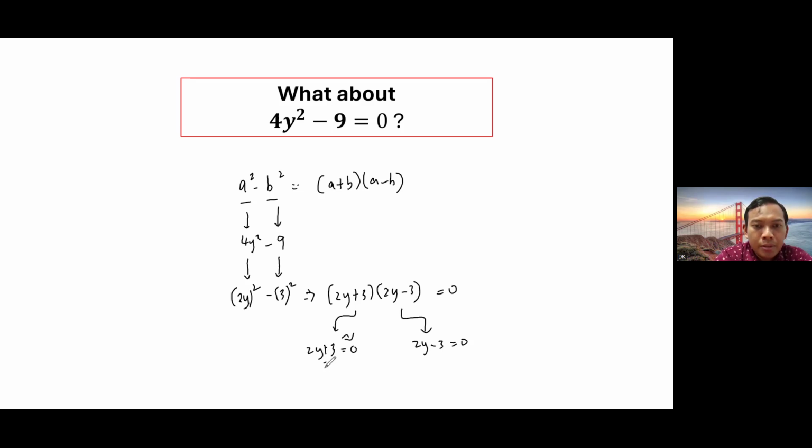Again the same thing. 2y equals to minus 3, so y equals to minus 3 divided by 2. 2y equals to 3, so y equals to 3 over 2. So this will form your answer. This one is a bit simpler because we do not need a multiplication frame. We can just use the formula a square minus b square as part of the working, and that's all.